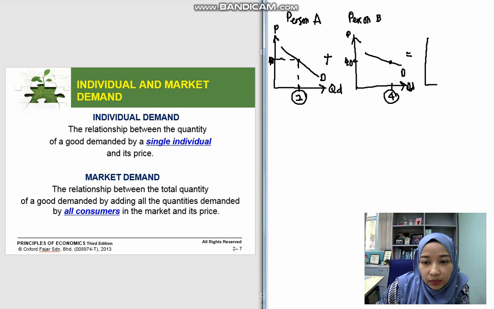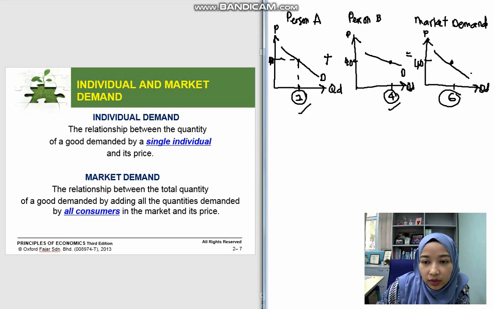So I put it here, quantity demanded, then here price. So this is market demand. At 40 ringgit, the total market demand will be 6, which is 2 plus 4. So this is the point here.